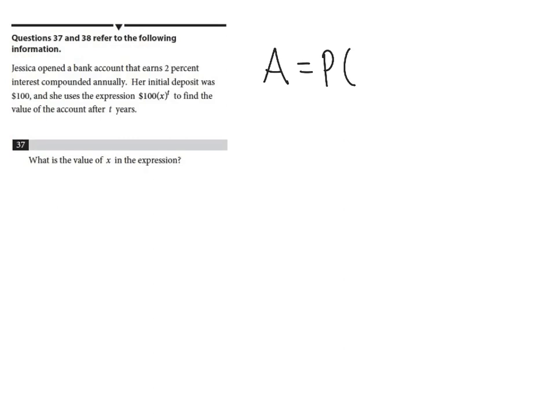We want to multiply by 100%, which is 1, plus that 2%. We've got to turn it into a decimal, so it'd be 2/100ths, okay? And it's going to be raised to the t. So what is the value of x? Well, x is everything inside the parentheses here. Well, that's going to be 1.02.